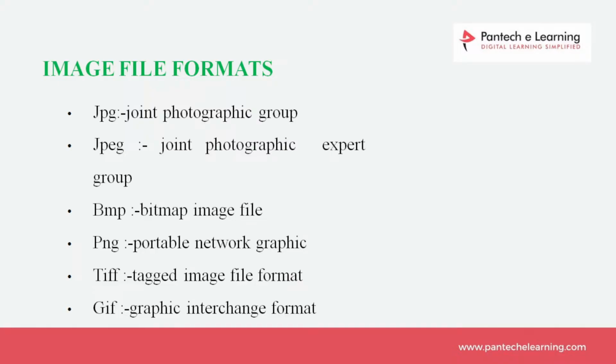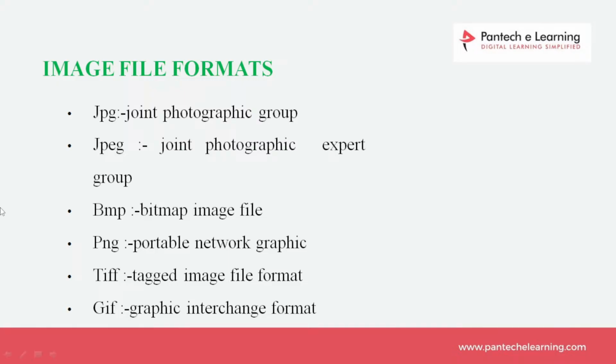The first one is JPG, which is Joint Photographic Group. It gives a little less quality of the picture. Coming to the next one, JPEG, the Joint Photographic Experts Group. Compared with JPG, JPEG is better because the quality will be expert.